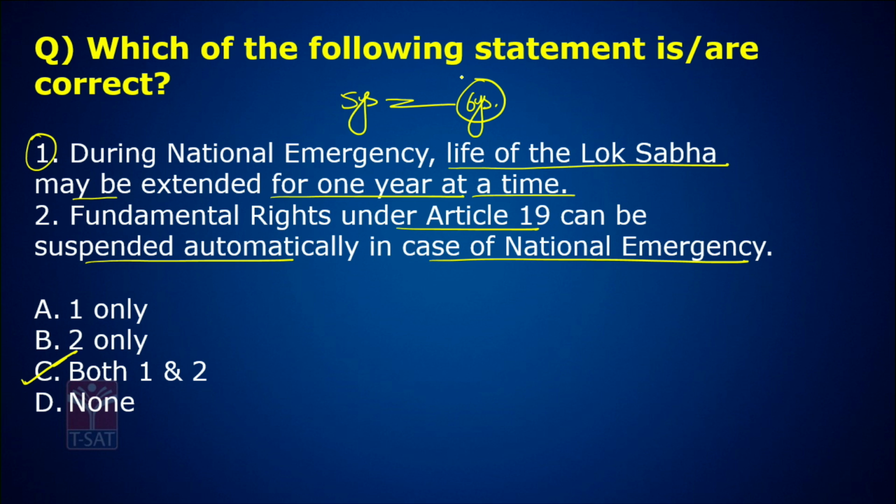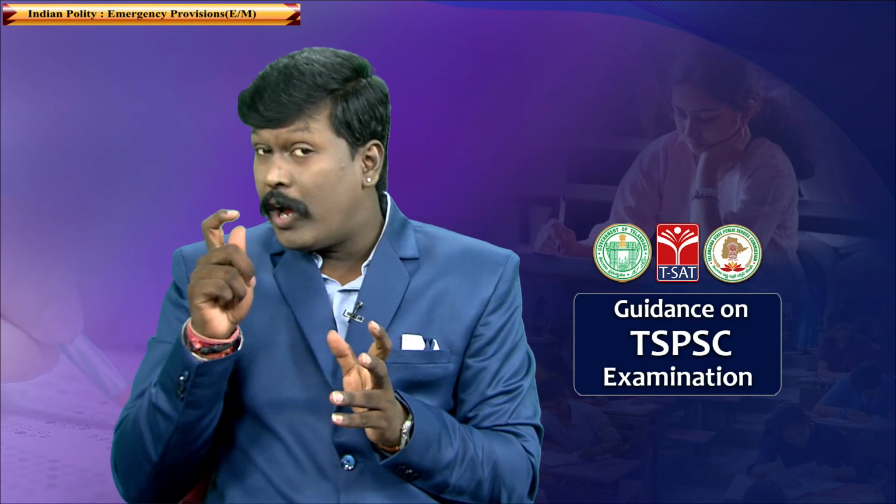Not only Lok Sabha, even the state legislative assembly can be extended by 1 year by parliament, and this can be renewed till the emergency is in force, meaning every time it can be renewed by 1 year till the emergency is in force. Whenever the national emergency ceases to operate, within 6 months, there should be elections. This is your first point.